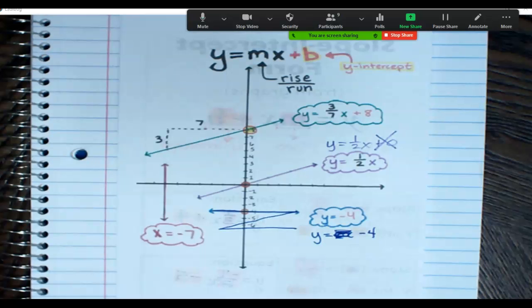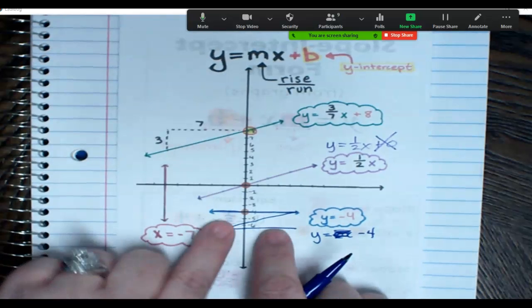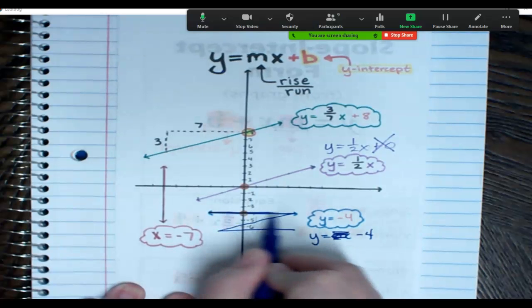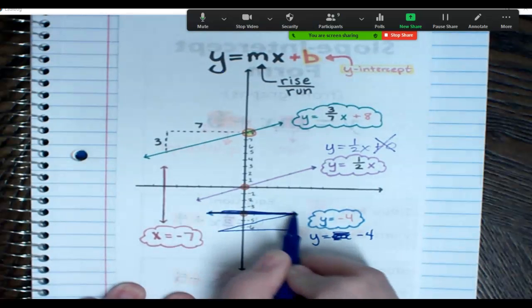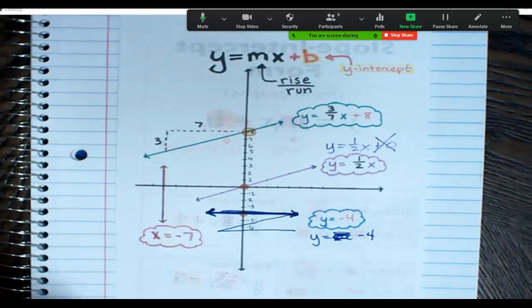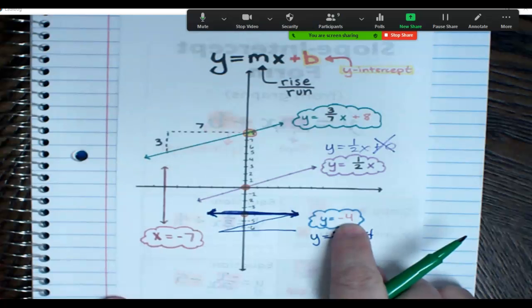But then look what that really means for my line. No matter where, remember this was my original line right here. I'm going to make it a little bit bigger so we can see it. No matter where I put my point on that line, my y value was always going to be negative 4.